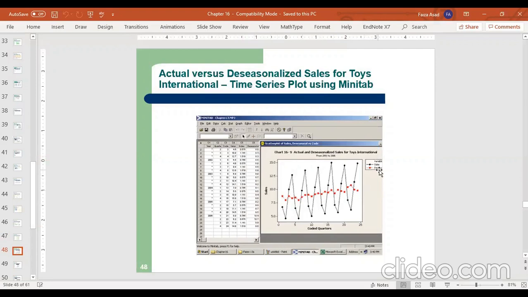Red points show the deseasonalized data without seasonal effect, and these black connected points show the actual sales. You can see the variation, or seasonal effect, in the data, and after deseasonalizing the sales and removing the seasonal effect, it turned into a small variation. Let's move on to the next slide.